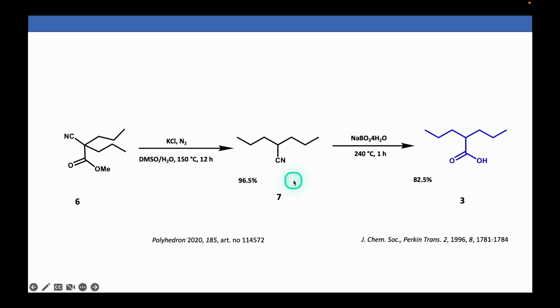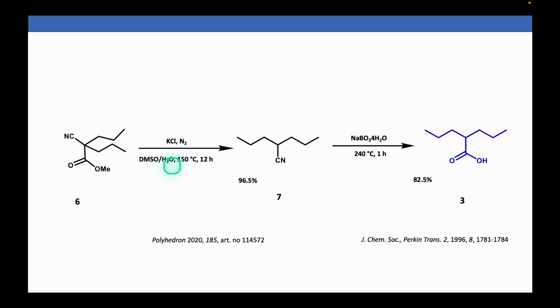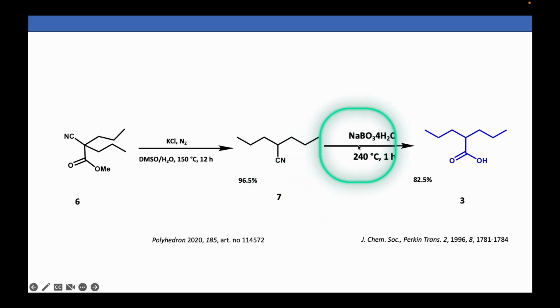Reacting the methyl ester 6 in the presence of potassium chloride at high temperature generates the corresponding carboxylic acid, which is then decarboxylated to form the cyano derivative 7, which can be isolated, then treated with sodium perborate at high temperature, which causes the hydrolysis of the cyano group, to finally form valproic acid with almost 83% yield.